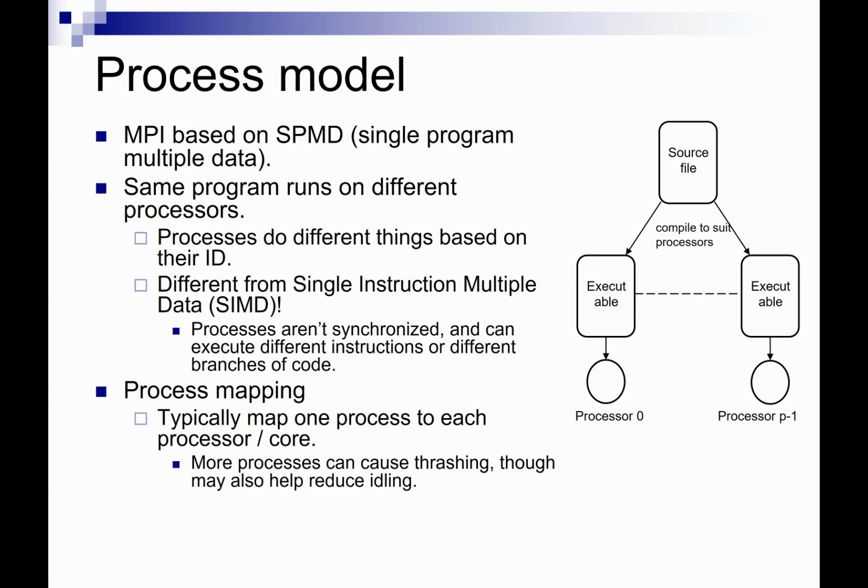But sometimes, if you have processes which do very little amounts of work, you might want to put several processes onto the same processor, just so that you can fully utilize that processor. There's also the issue of how you map processes to processors, which is something we talked about a few lectures ago. In MPI, the programmer doesn't really have any control over which processes get mapped to which processors.